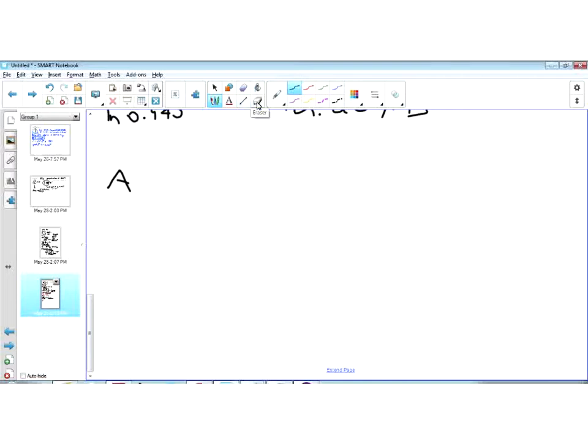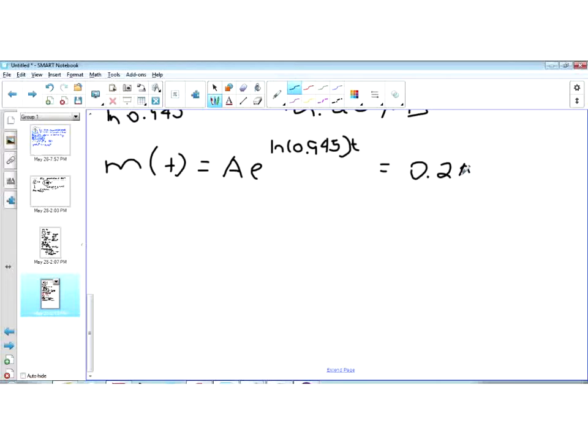The formula for mass at time t: mass at time t is equal to the initial amount times e to the k, which is the natural log of 0.945, t. And we want to know at what time the initial amount becomes 20%.